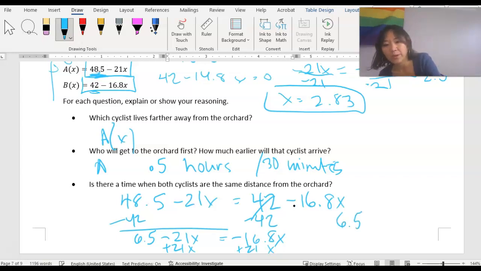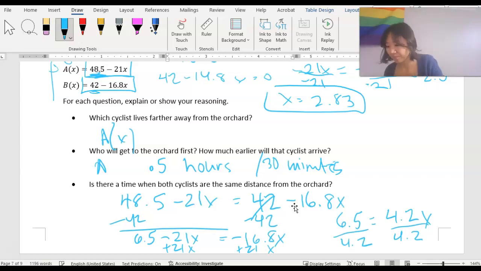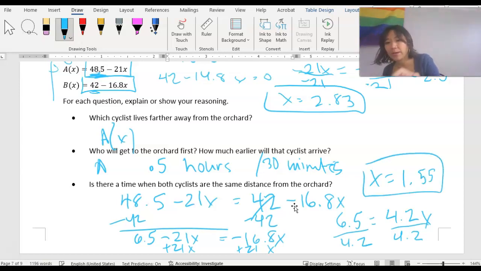And so we'll get 6.5 equals negative 16.8x plus 21x, which gives me 4.2x. So we have 6.5 equals 4.2x. Divide both sides by 4.2. 6.5 divided by 4.2, and we get x equals 1.55. So at around an hour and a half, they are at the same distance away from the orchard.